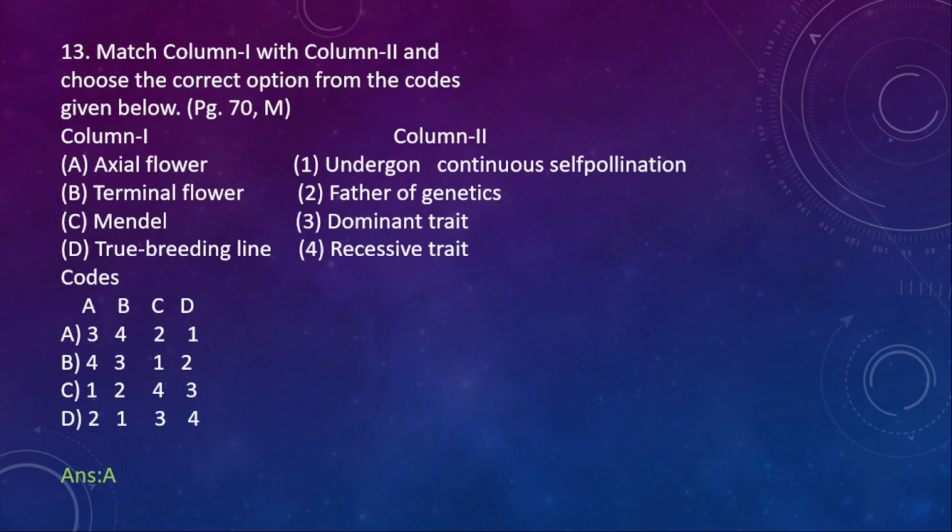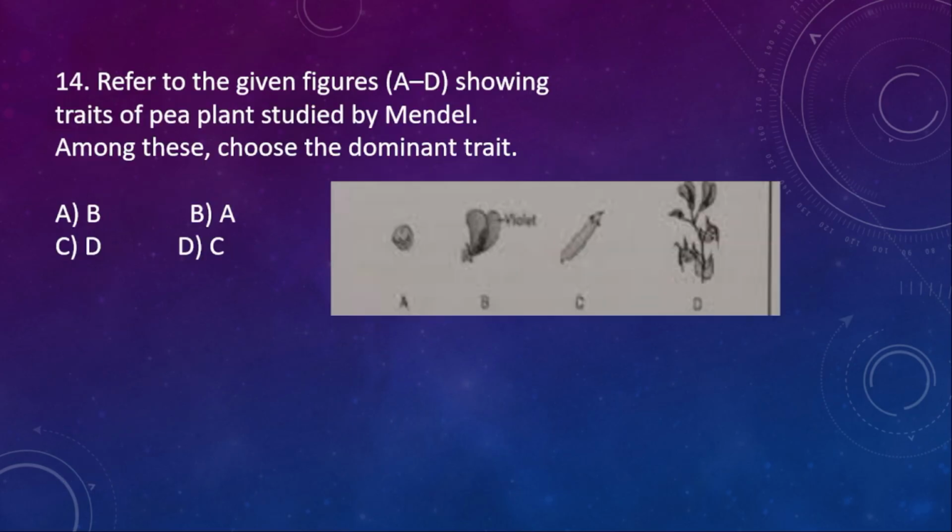Next question, question number 14. Refer to the given figure A to D showing traits of pea plant studied by Mendel. Among these, choose the dominant trait.